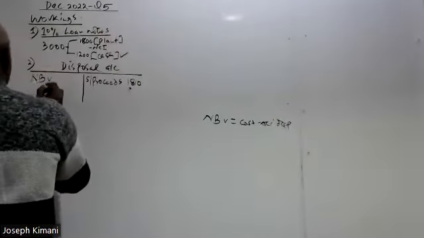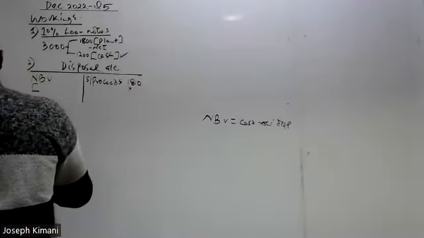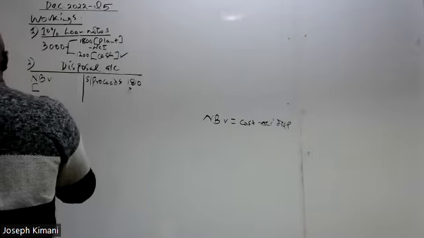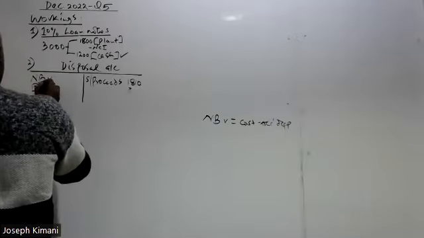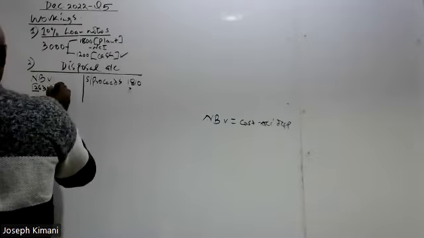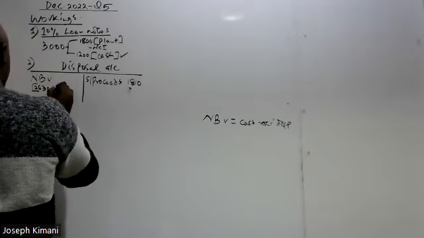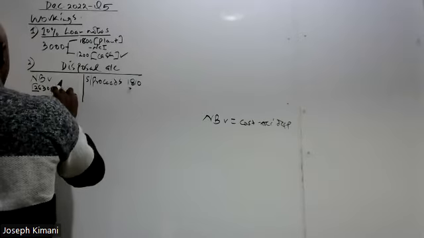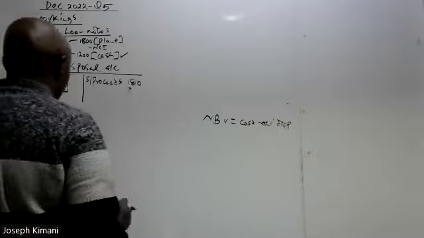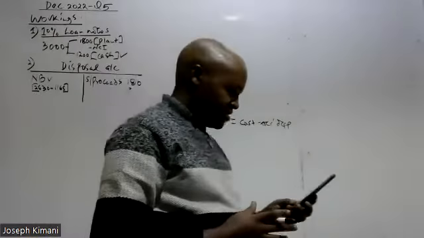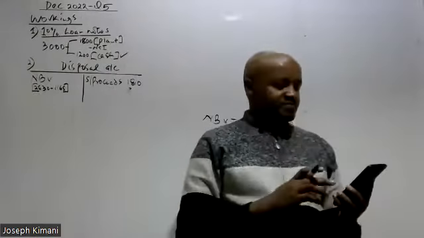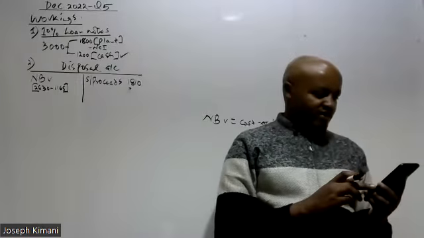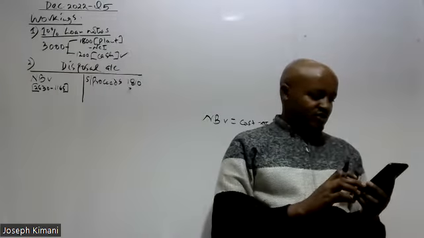So to get this, we take the cost, which is 2,630, minus the accumulated depreciation of 1,165. And this gives us a net book value of what?